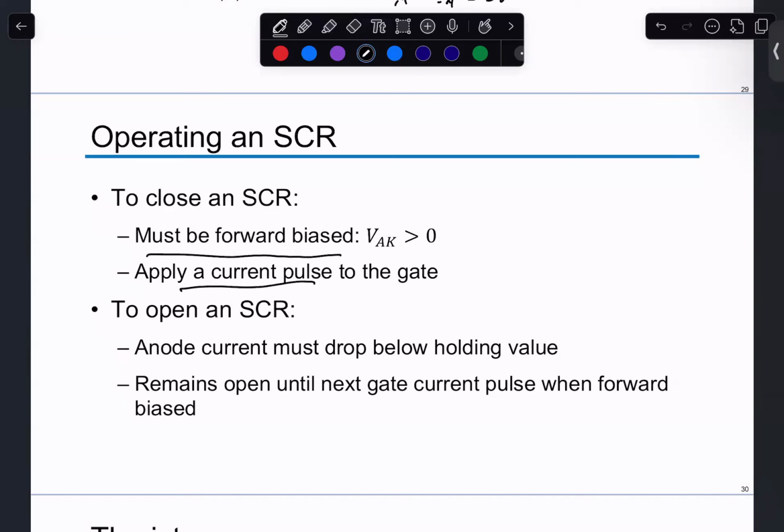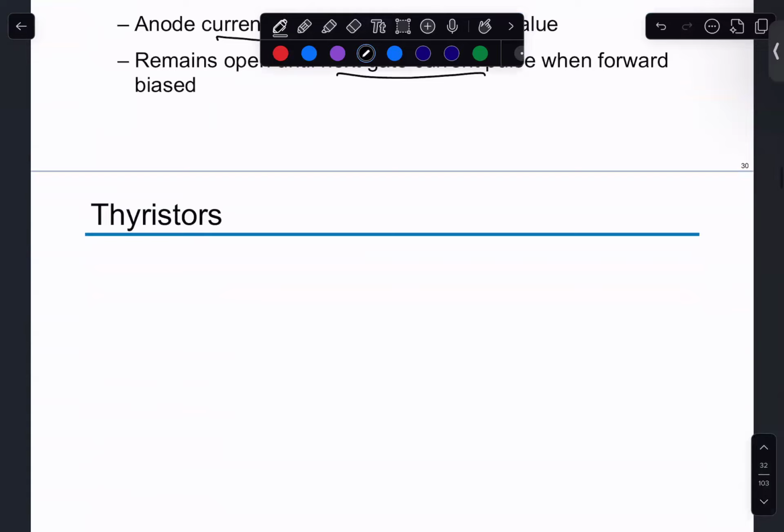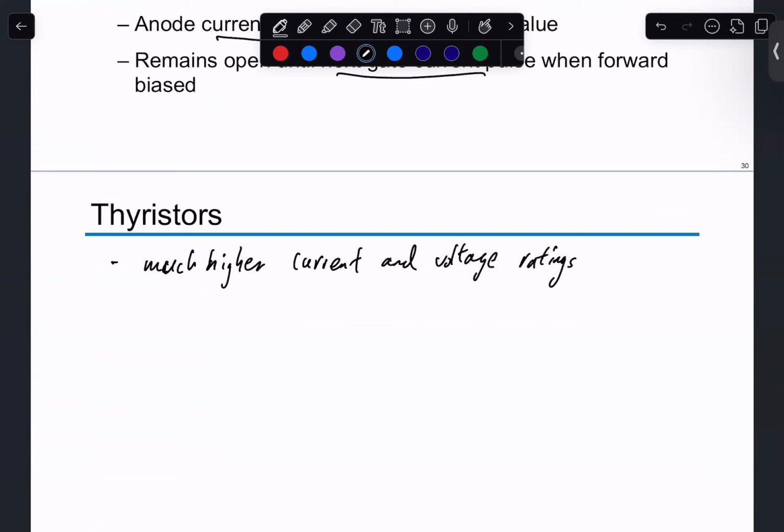To open it, the current just drops too low, and it will stay open until we apply the next gate current pulse. So they're fairly easy to operate. And the benefit of thyristors is that they can take much higher current and voltage ratings than transistors.